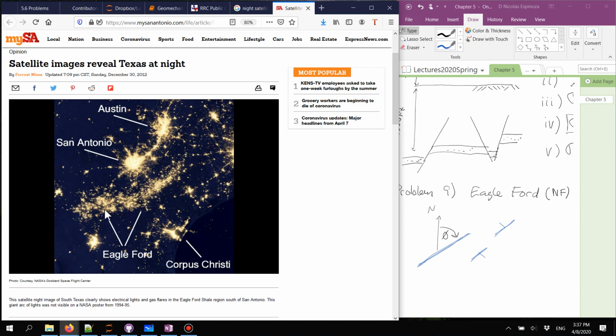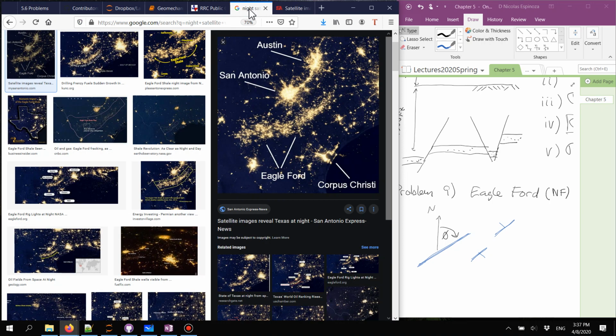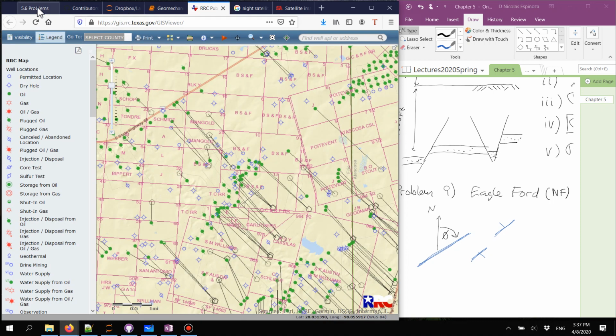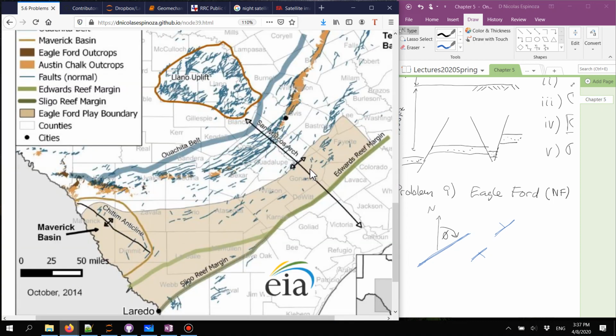And what you have here are not big cities, are not big neighborhoods. These are the lights from drilling activity in the Eagle Ford, and you see how it lights up nicely, coinciding with what we have in our map. All right, okay, that's everything for this video.